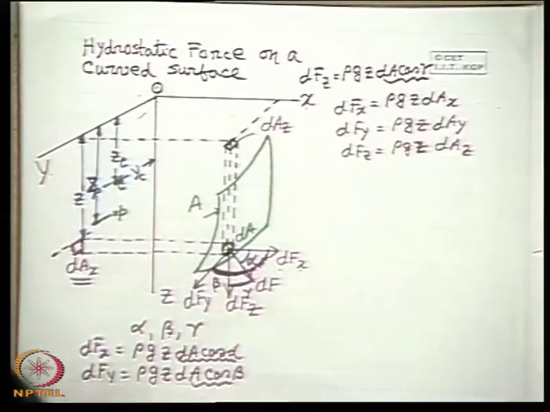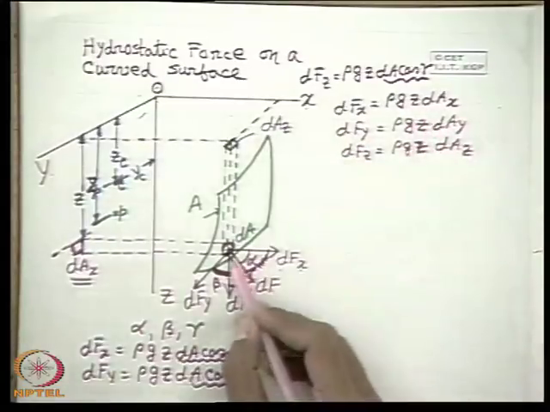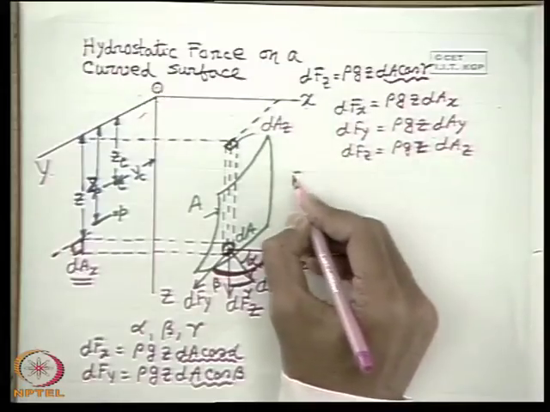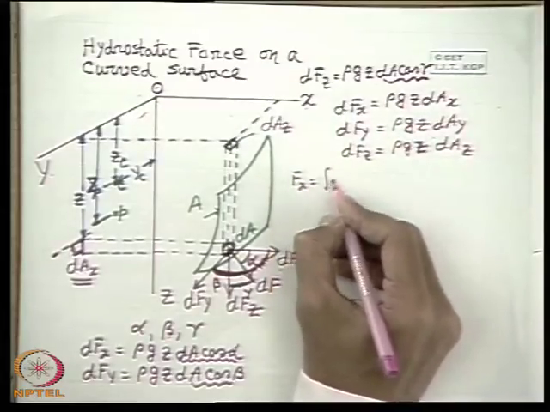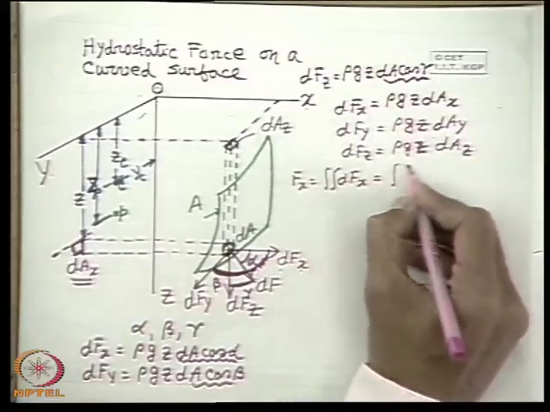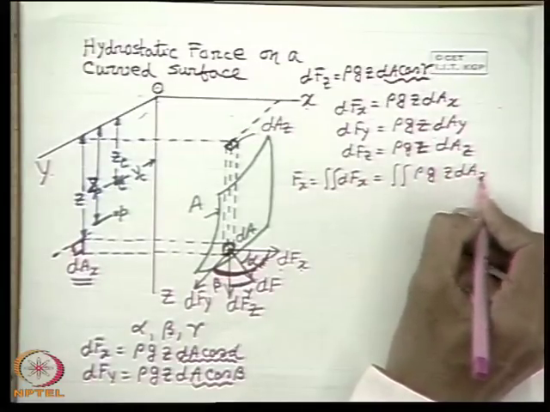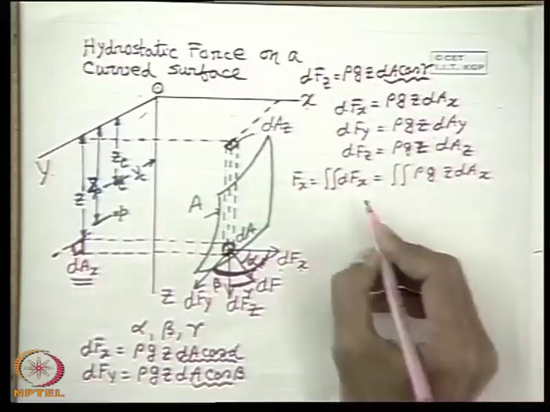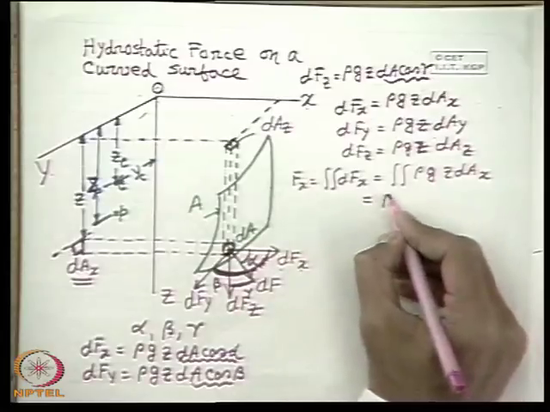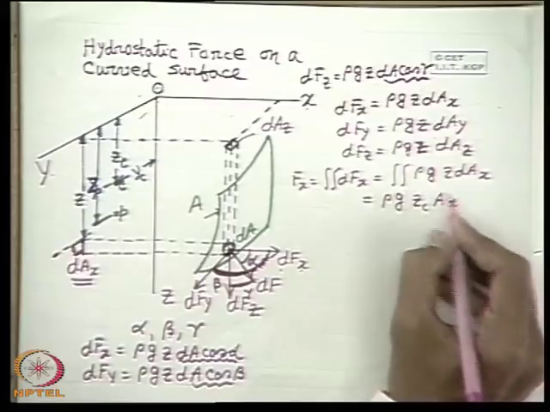Now you see that if we integrate the different direction component forces of this elementary force dF, we can make a scalar sum. That means we can tell Fx as the double integration of dFx, which is equal to rho g z dAx. Now you can recall, considering a force on a plane surface, this can be simply written as rho g zc into Ax. Rho g is common.